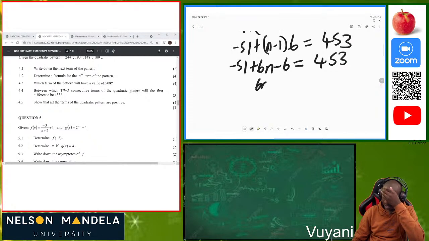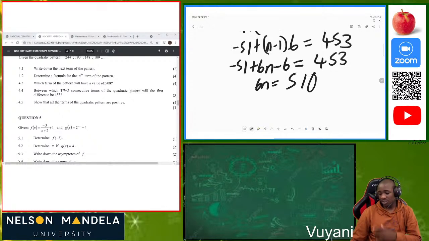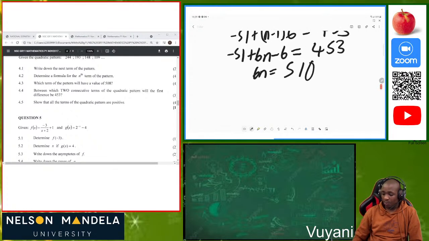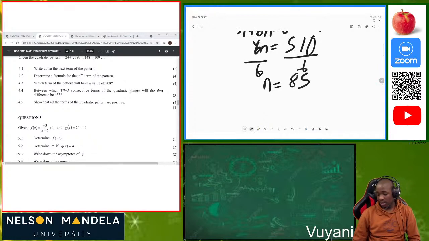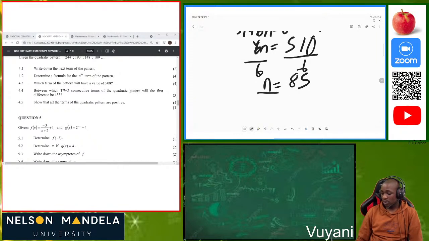Then our 6n will be equal to 453 plus 57, then we get 510, because we transpose these two to the right side, as we are grouping the like terms. After that, we only want n, so we divide by 6, and you get your n to be equal to 85. Don't worry yourself, use your calculator, and your n will be equal to 85.